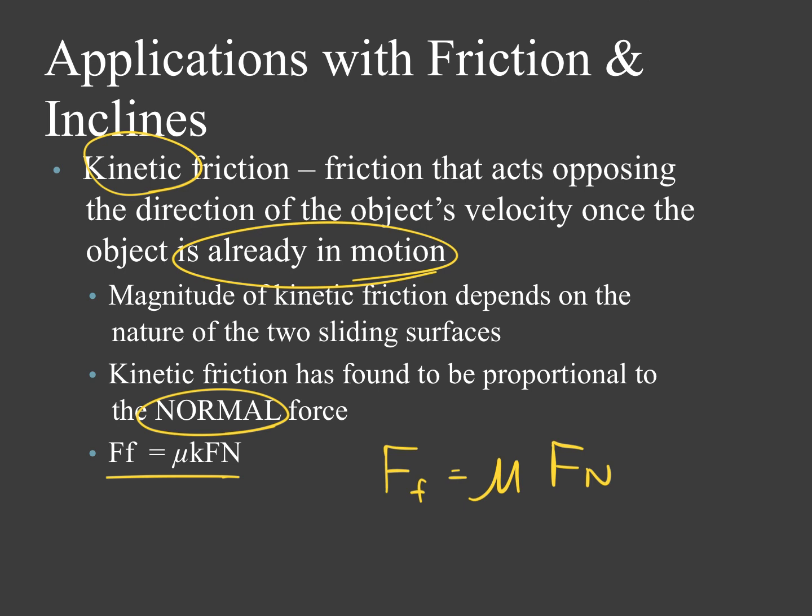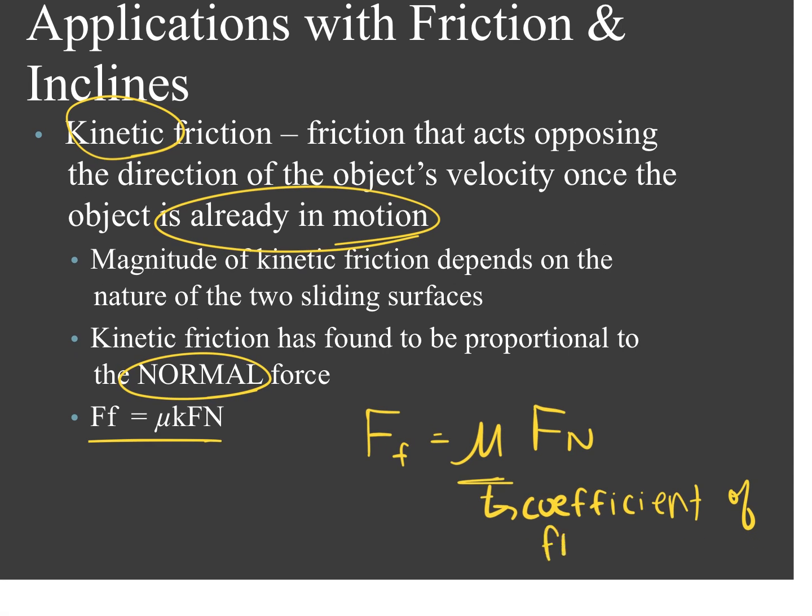This little guy right here is a Greek letter, and it stands for the coefficient of friction. They are predetermined values, calculated for two surfaces interacting. So carpet on carpet would have a high coefficient of friction, and ice on ice would have a low coefficient of friction.